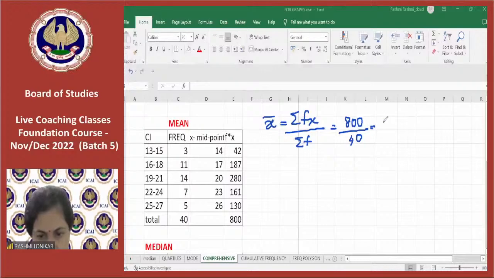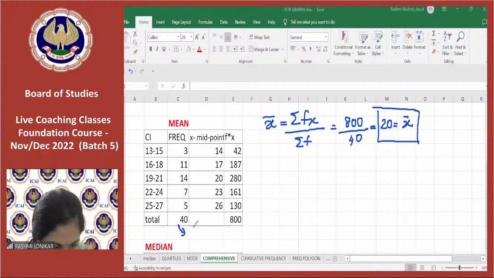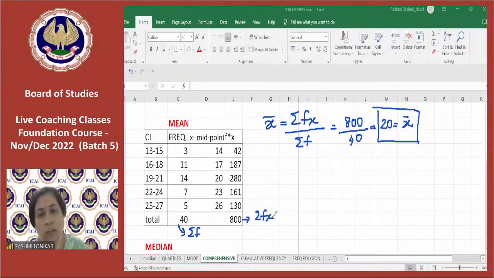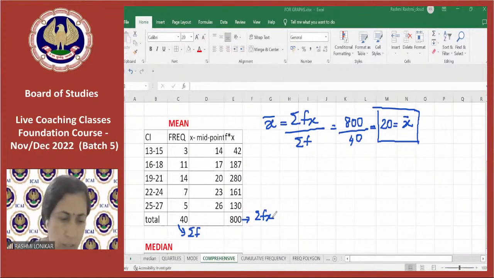So answer is 20. So 20 is equal to x bar. Okay. This 40 is summation f. This 800 is summation fx. Okay. Is that clear?